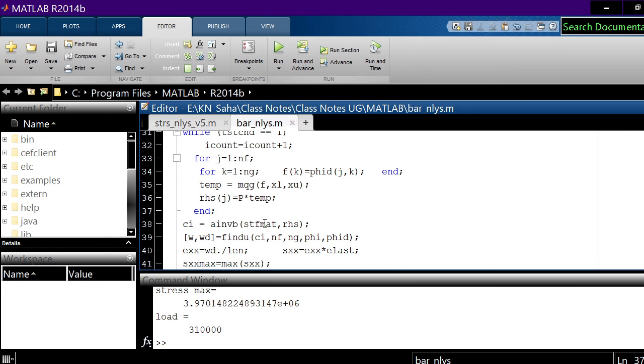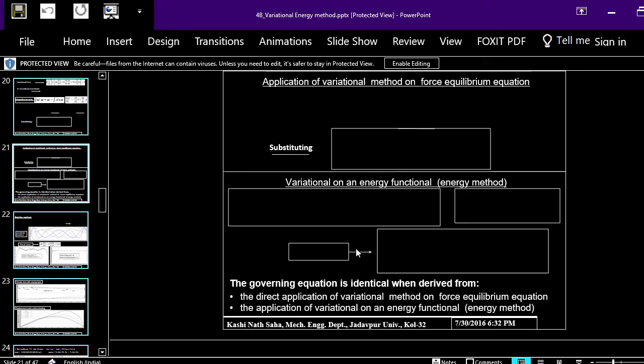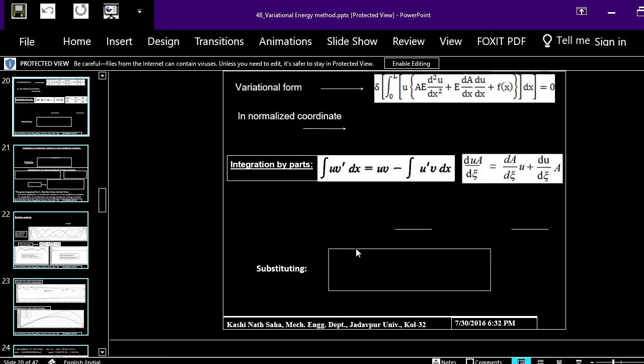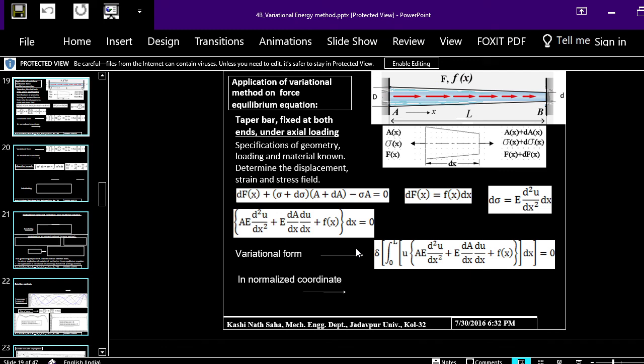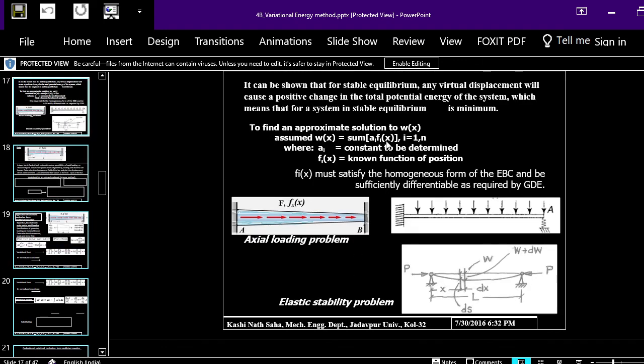With this, what can we do? We can generate our approximate function. Our approximate function means this thing, right? W is summation of a_i phi_i. Okay. Yes, sir.